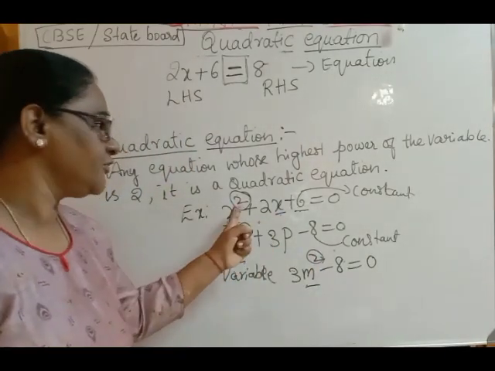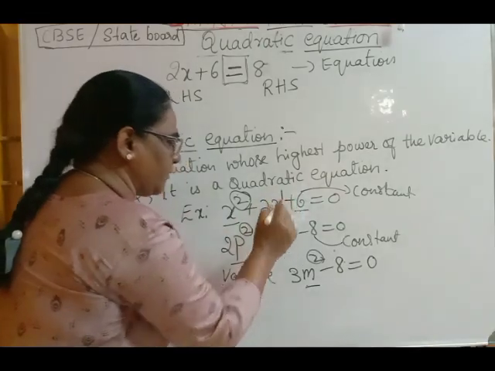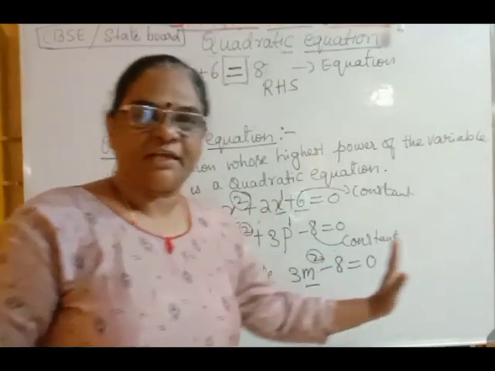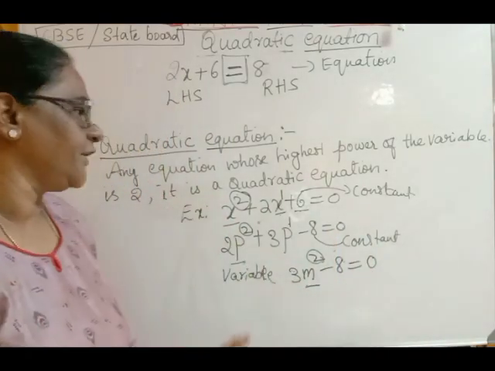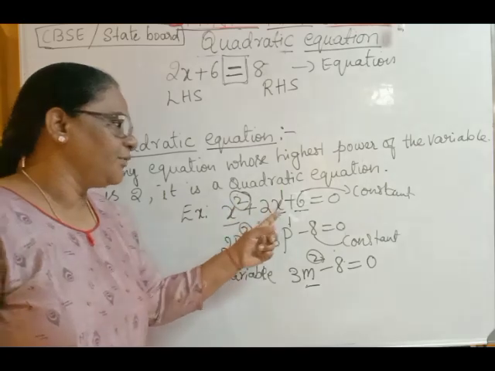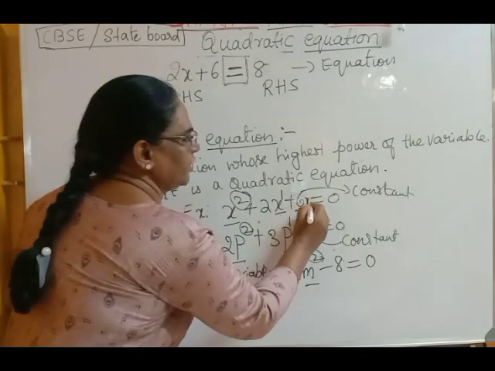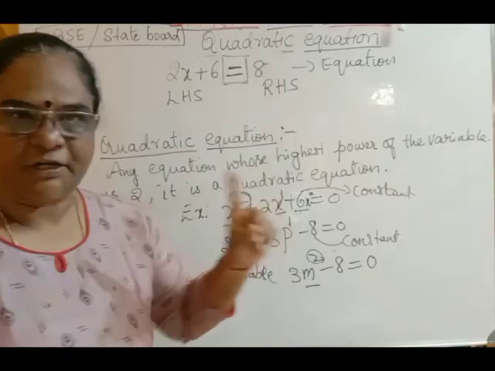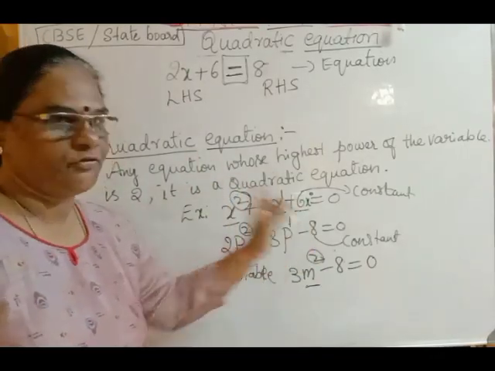Here you have x also, which means this is x to the power of 1, this is p to the power of 1. Powers are decreasing as you move towards the right hand side. So powers are decreasing here. 2 power, 1 power. Here if there is no x, it is understood it has 0 power, because x to the power of 0 is 1 only. So 1 into 6, so we keep it as 6.